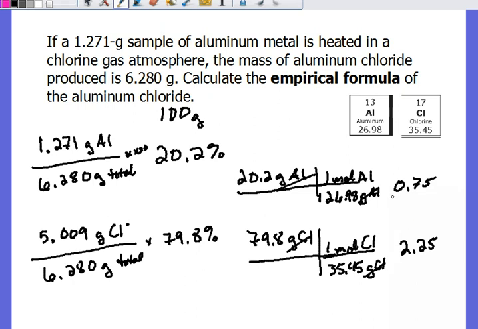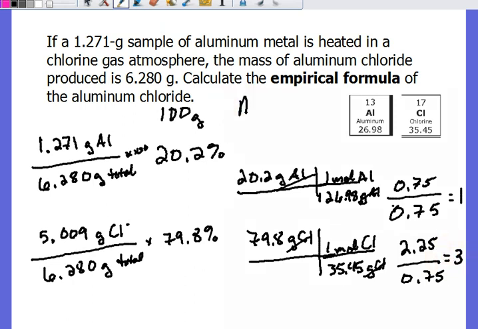So if you divide by 0.75, because that's your smallest number, you'll see that that is 1. And then 2.25, you take that and divide it by 0.75, and you'll see that that equals 3.